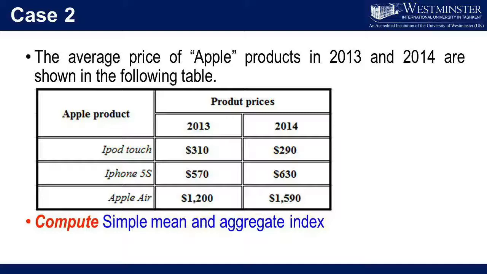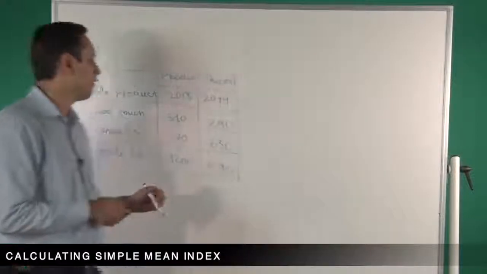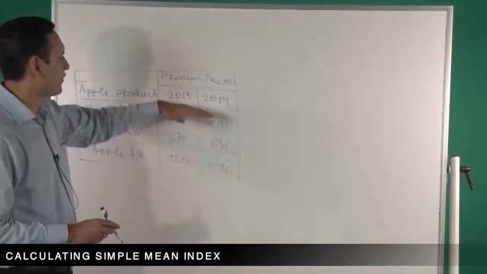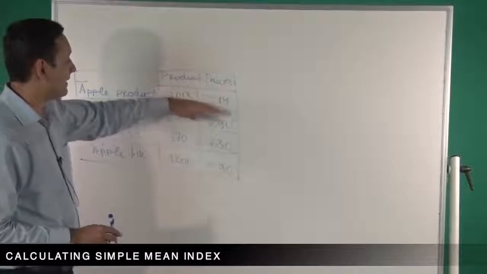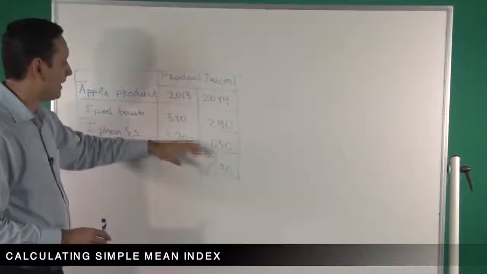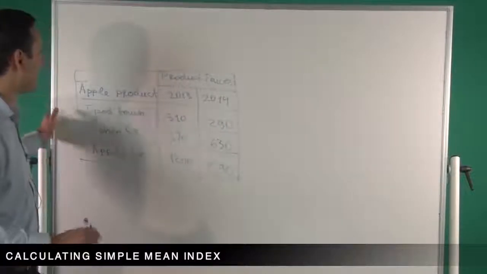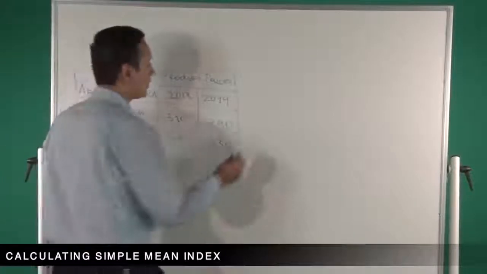The index is calculated by finding the average mean of all individual price relatives, where PC is the current price of an item, PO is the base price of an item, N is the number of items. In order to calculate simple mean index for this data, what we do is we first find the changes over year for each product, and then we sum them and divide by the number of items. And the formula for this is going to look like this.